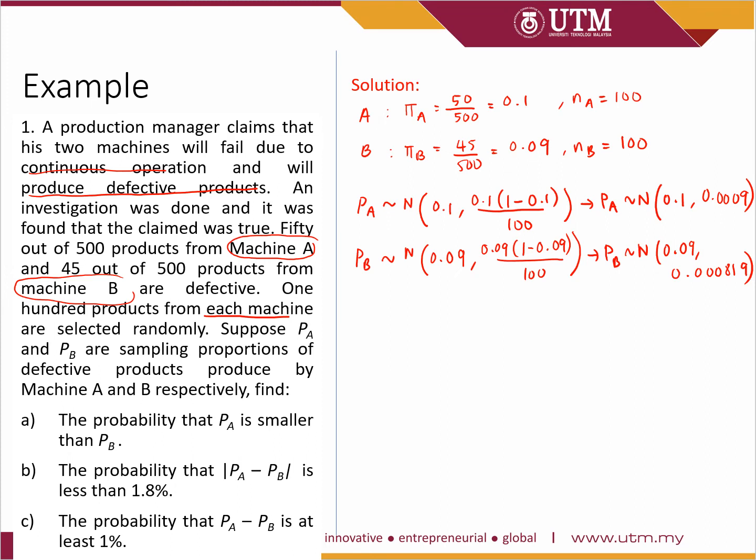Next, we can find the answer to the question. Find the probability that the proportion of A is smaller than the proportion of B. So the probability that PA is smaller than PB equals the probability of PA minus PB less than 0.